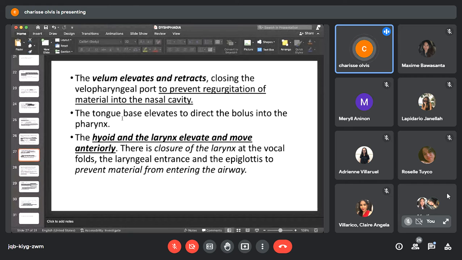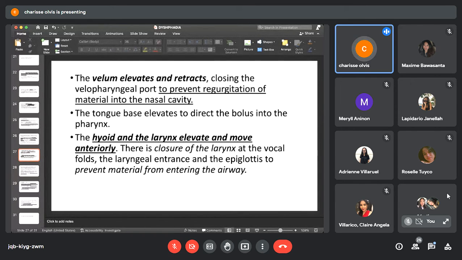So, the tongue base elevates to direct the bolus into the pharynx, and then the hyoid and the larynx elevate and move anteriorly, beginning the closure of the larynx at the vocal folds, the laryngeal entrance and epiglottis to prevent material from entering the airway.